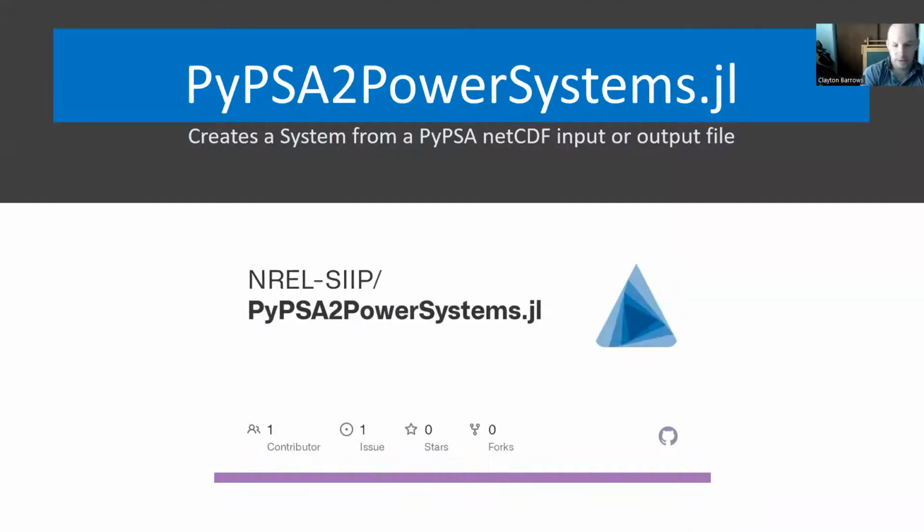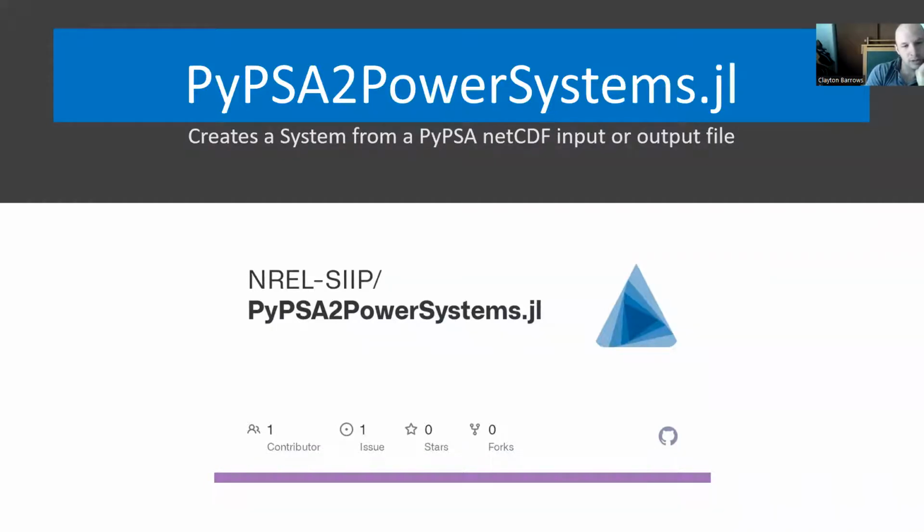But in this example, we are using a new package that I put together that's still in development, but it allows us to take the data that's written from PyPSA in the .nc files that PyPSA writes and instantiate a power system representation so that we can use the modeling packages in the Julia ecosystem to analyze the system.